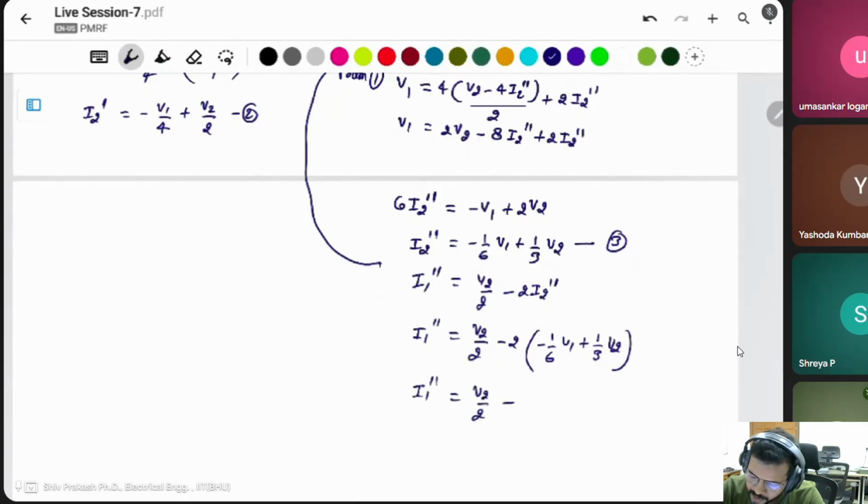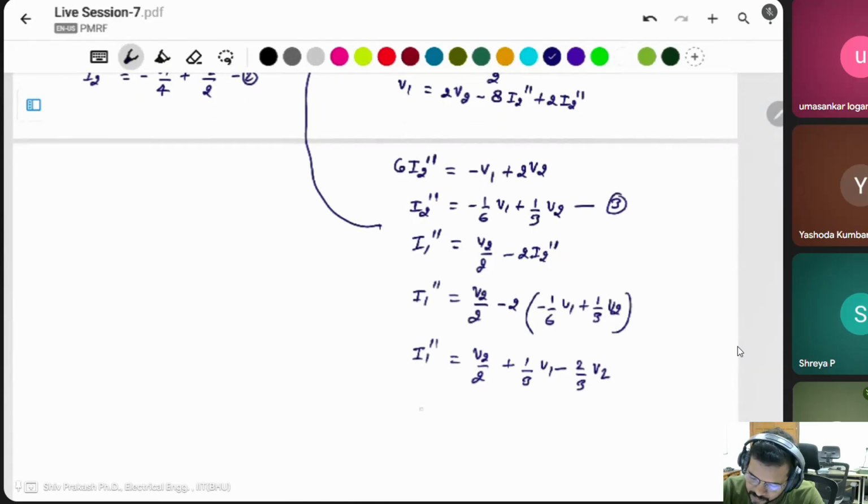So V2 by 2 plus 1 by 3 V1 minus 2 by 3 V2. I1 double dash is equal to 1 by 3 V1 plus (3 minus 4), minus 1 by, LCM of these two is 6, V2. This is equation number 4.